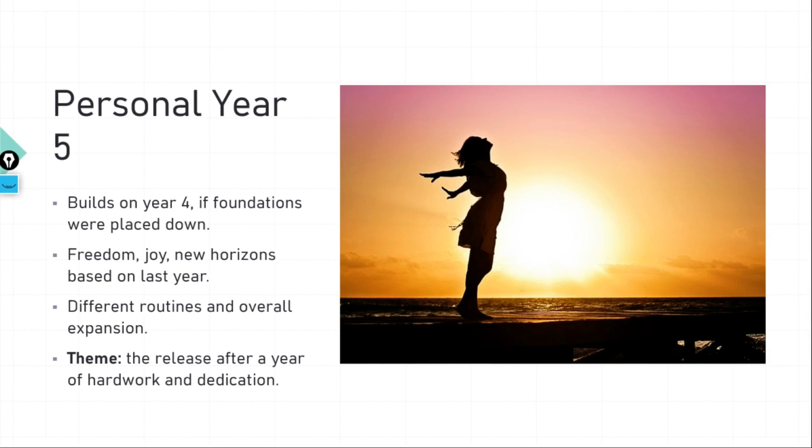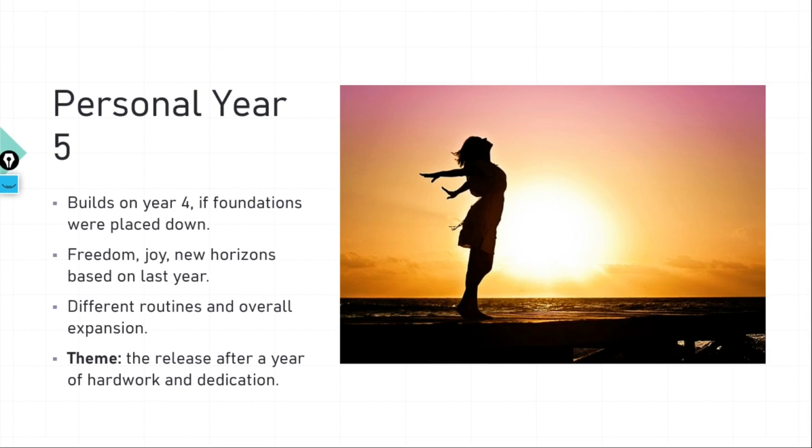The theme here for this year can often be a release after all the hard work that you maybe would have had in a 4 year, if you really paid attention to what you were supposed to be doing last year or what the theme was. This year it can feel like a release, like a breakthrough year.